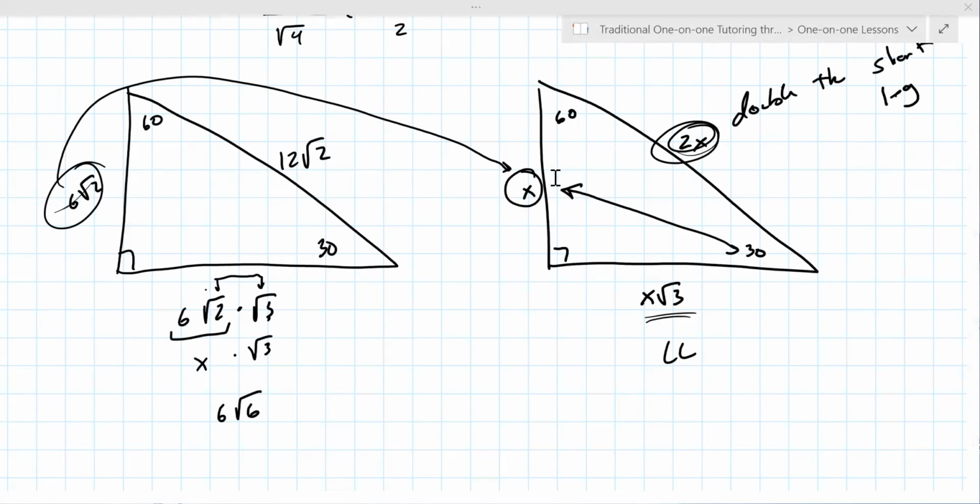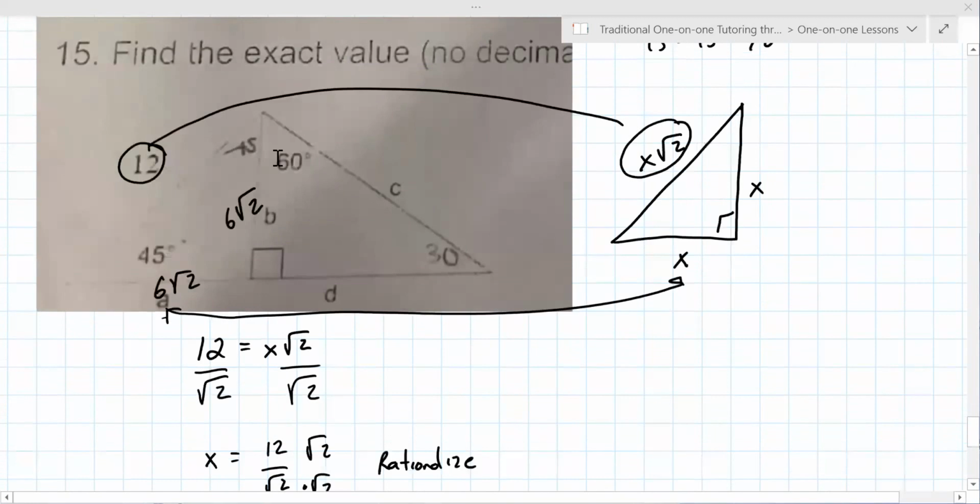So when I looked at your problem first, I didn't realize it said no decimals. Whenever you see a 30, 60, 90 or a 45, 45, 90 triangle, you want to use the reference triangles there. And let me send you a couple of links here in the chat to some reference triangle stuff.